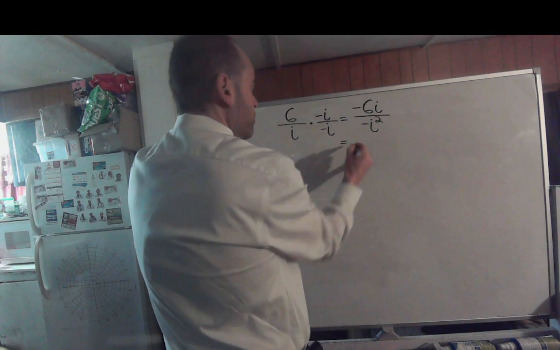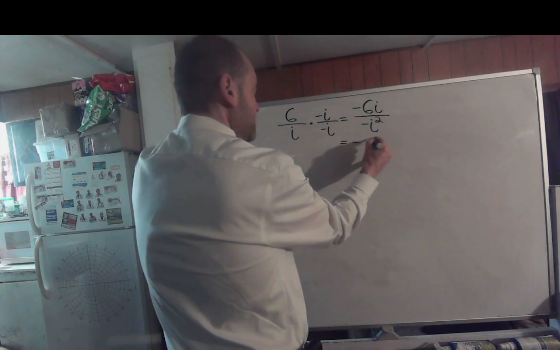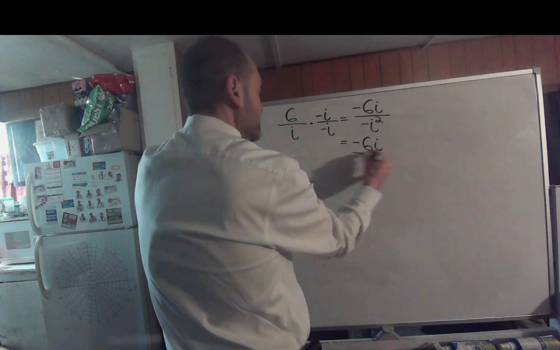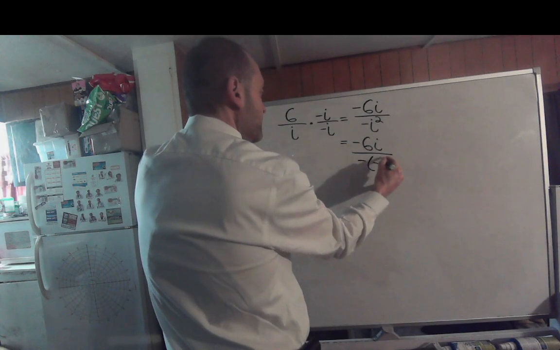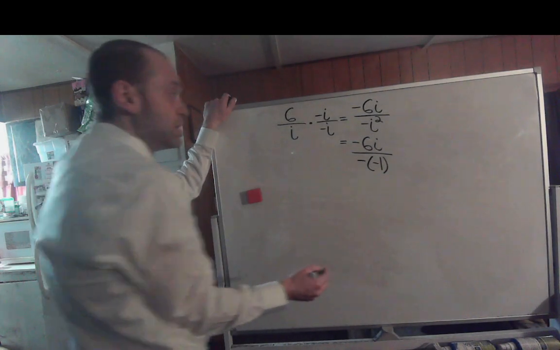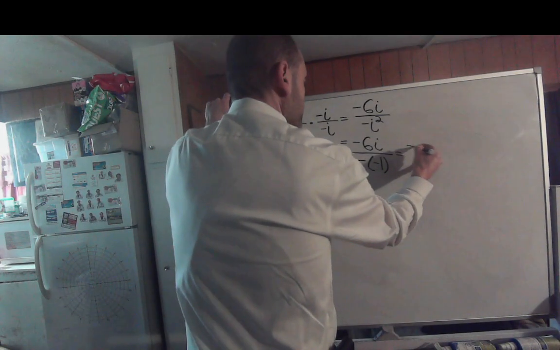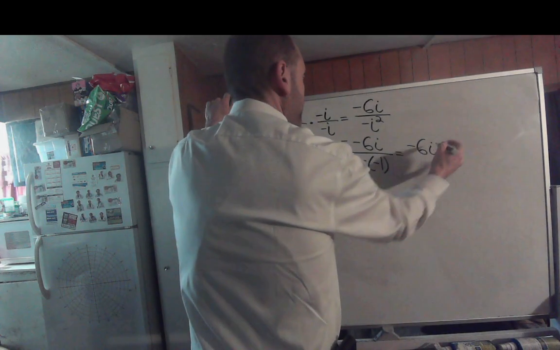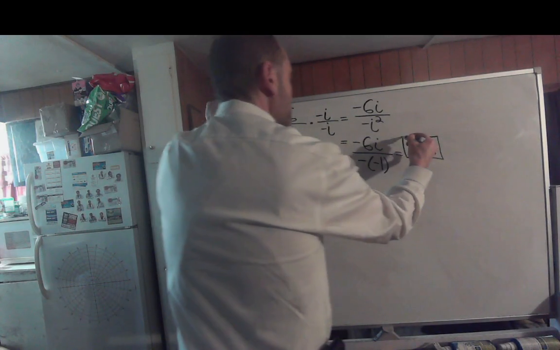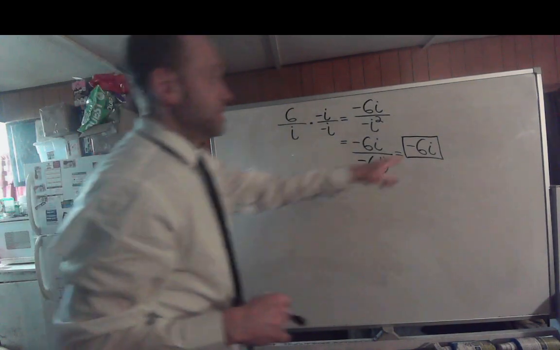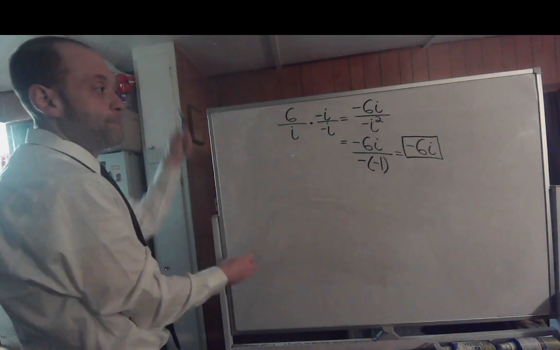Well, what is i squared? That's negative 1, so this would give you negative 6i over the negative of negative 1, or simply just negative 6i. So in simplest form, this would end up being negative 6i.